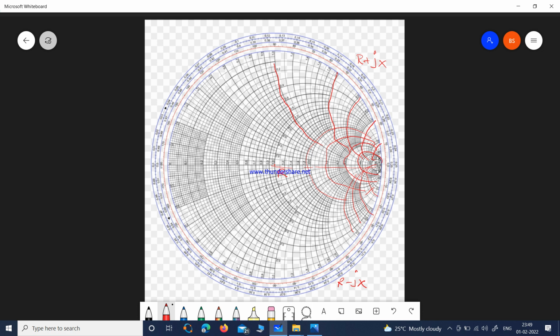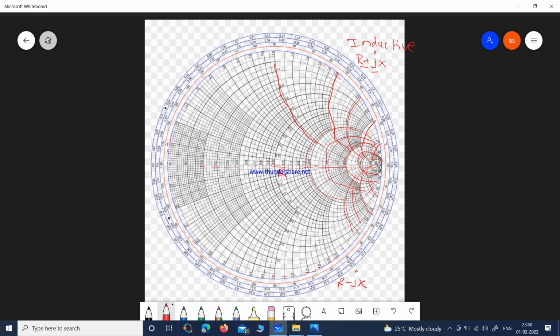The center line shows the normalized impedance value, the real part resistance, and the outer line shows the reactance value, where the upper part of the Smith chart shows inductive reactance, the imaginary part, whereas if it is minus, it is a capacitive reactance. This value can be plotted, represented in this below circle.